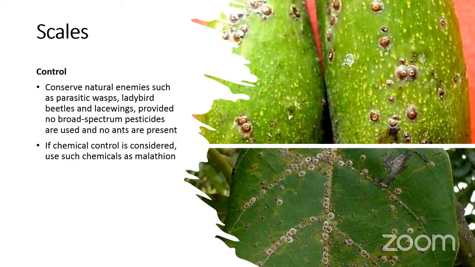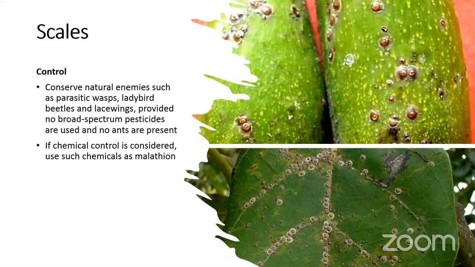Next. Yes, sir. Control. When it comes to control of scales in our orchards, the first mechanism we use is you conserve some natural enemies around your orchard, and also parasitic wasps play an important role.